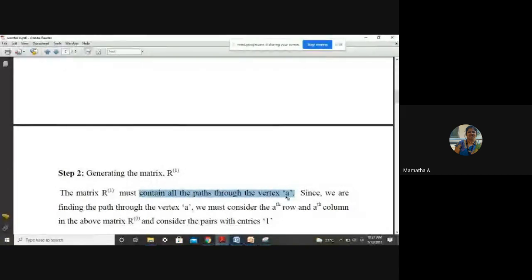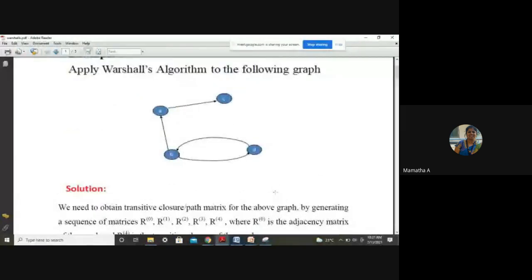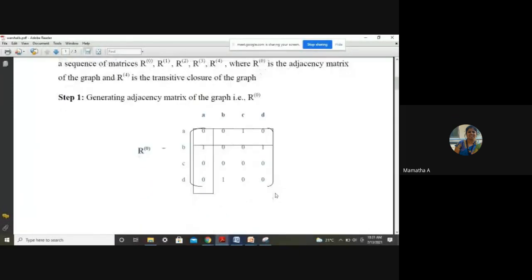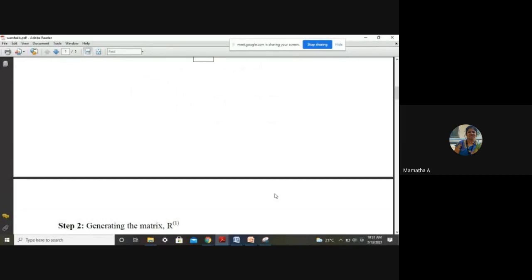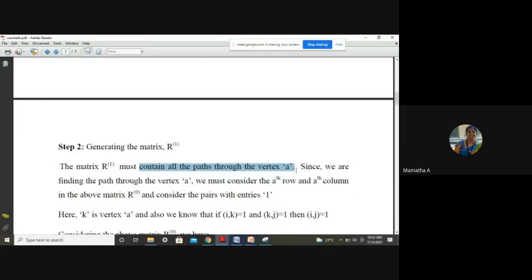The vertex A, isn't it? So I am now interested in finding the paths only through the vertex A. I am not bothered about the other vertices.